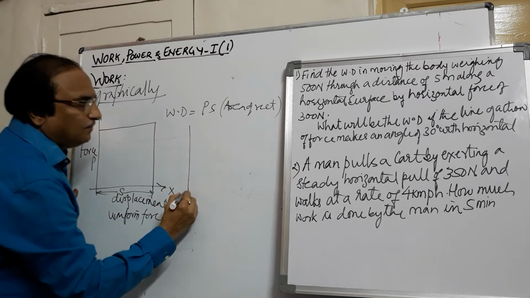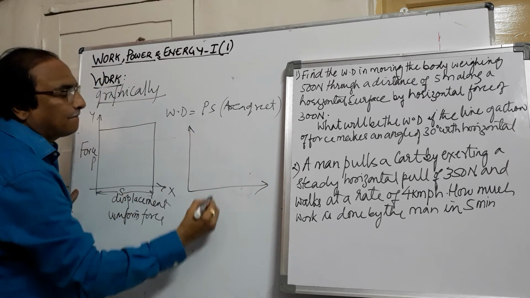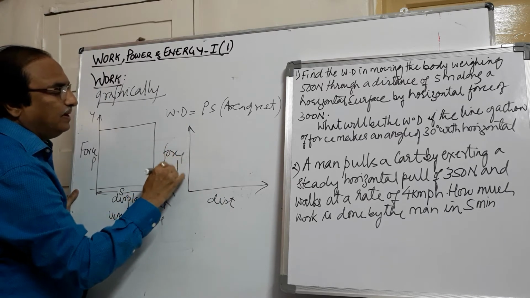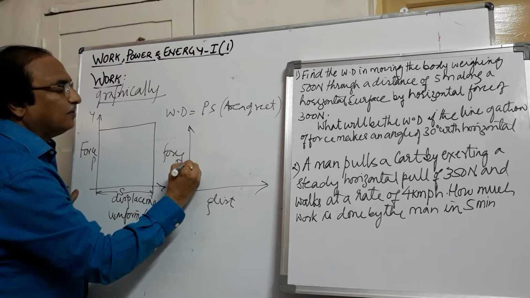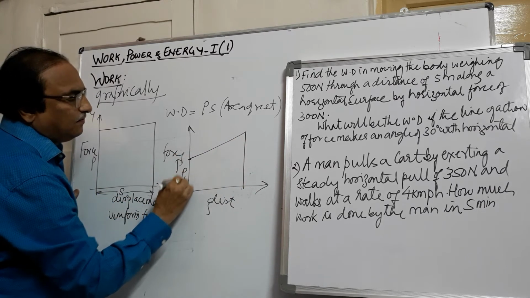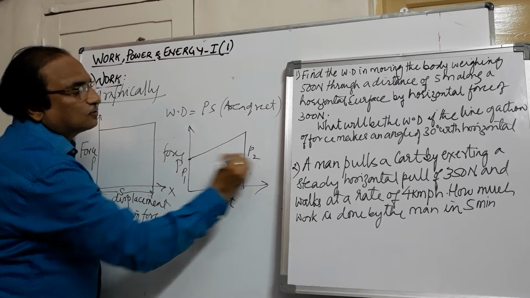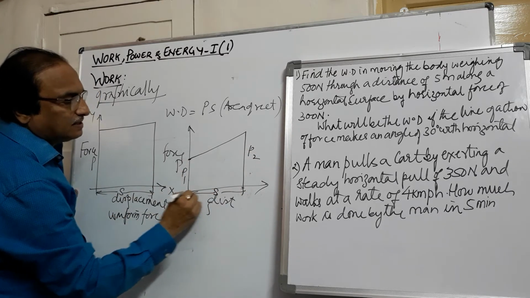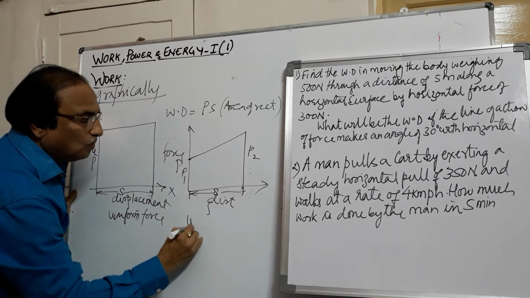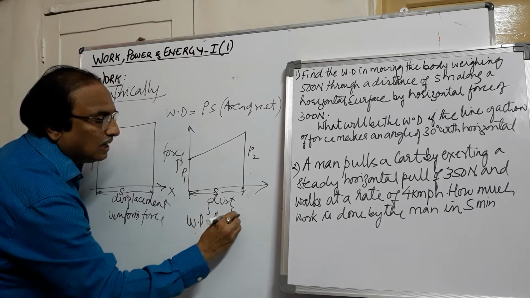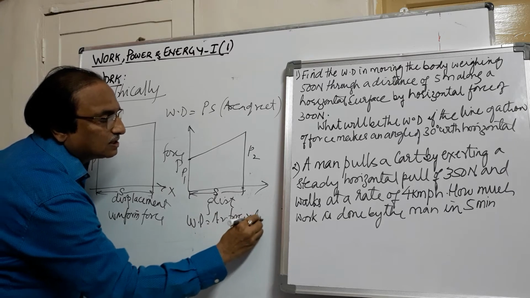Suppose the force is varying with displacement or distance, varying from P1 to P2, like this is P1 force and this is P2 force, and it is displaced by a distance of s here. So in this case, work done will be equal to the average force into the distance it is traveling.